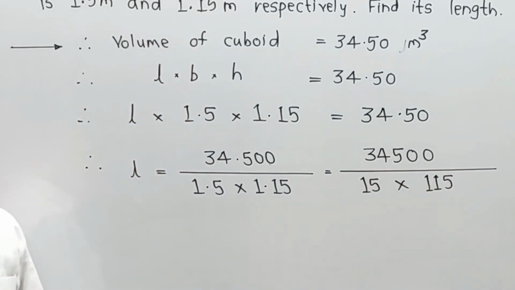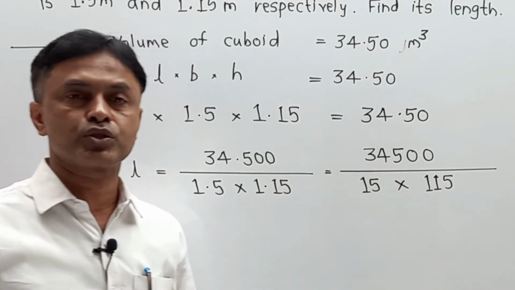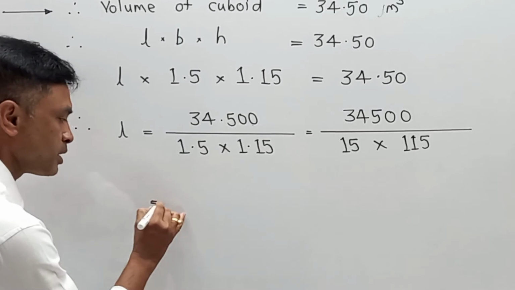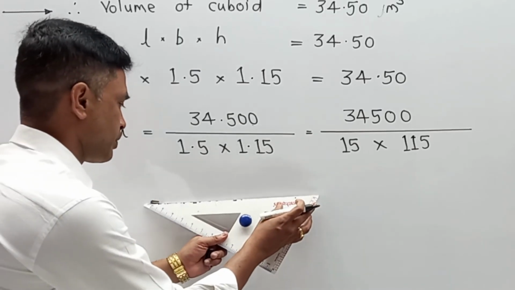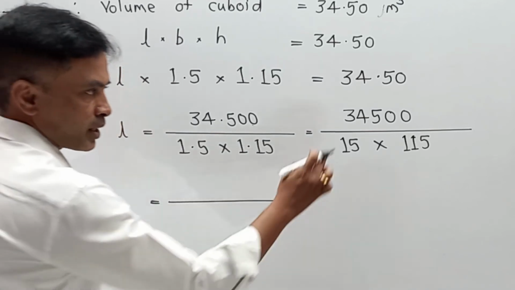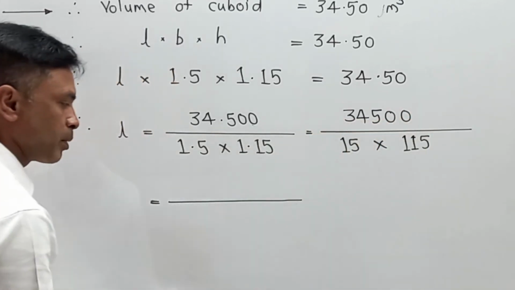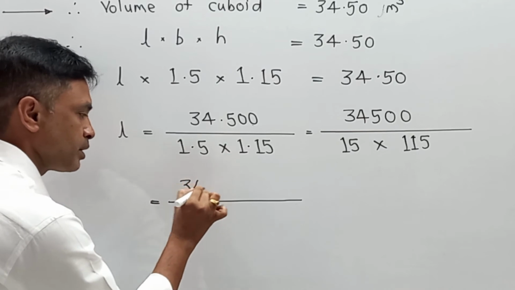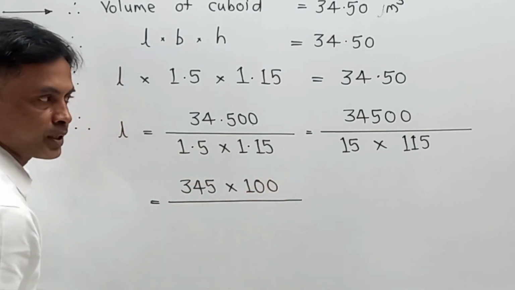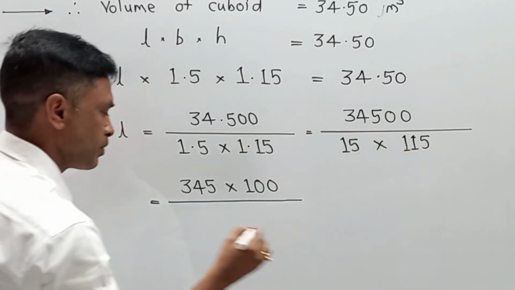Now this evaluation looks big in number, so again we have to simplify this step. Again pay attention, I am going to provide another fundamental trick. 34,500 I write as 345 into 100, divided by 15 into 115.